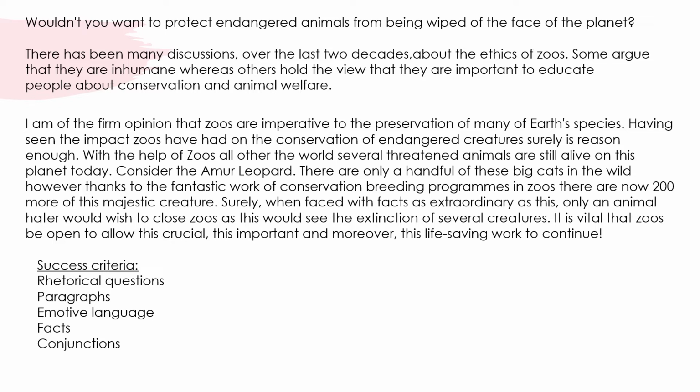Now I'm going to start straight away and look at my paragraphs, and you can see my paragraphs, not including my first sentence, which is almost a bit like a title. Got my introduction paragraph there and my first paragraph. And as I said, this is just a small section of my writing.